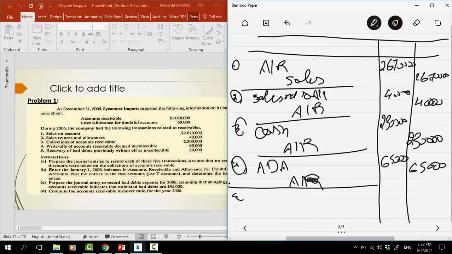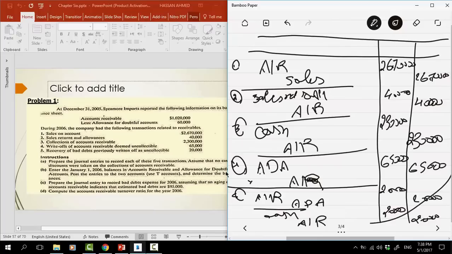Number 5, $20,000 of the bad debt previously written off were recovered. $20,000, $20,000. In the recovery, I told you that we will write 2 entries. Number 1, to correct the write-off: accounts receivable and ADA. Number 2, to record the cash and accounts receivable.